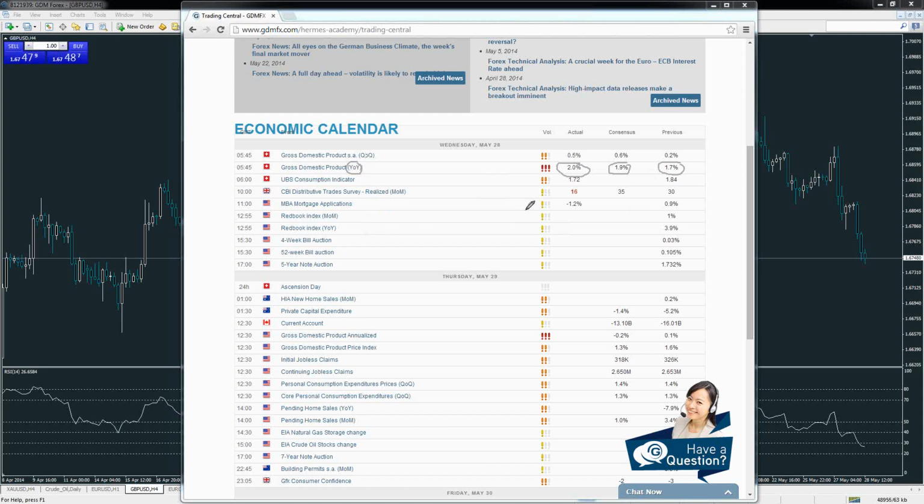Now this is made on yearly basis, and what we can see on quarterly basis is also summed up over here. We have the actual numbers, the speculative numbers, which is the consensus, and yet again the previous reading. Now those three things are exactly the things that we need to see exactly what the market might do.